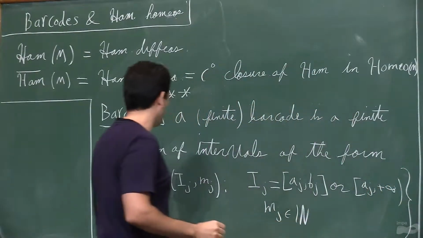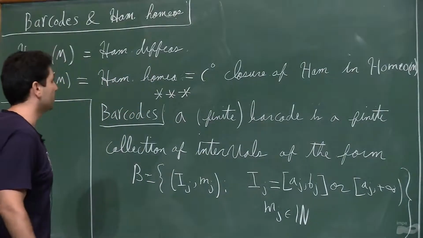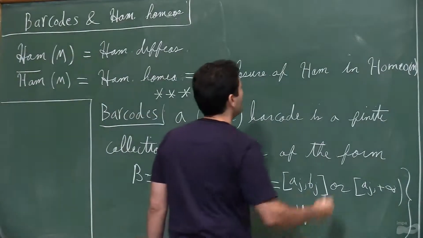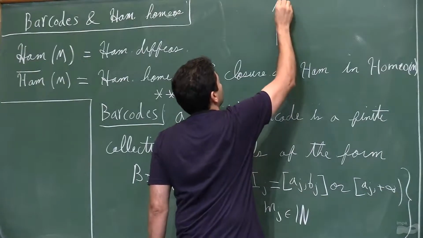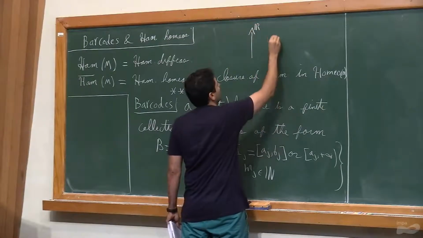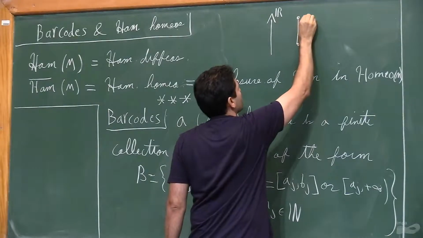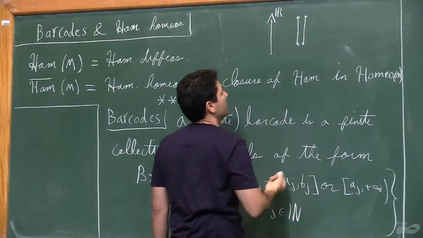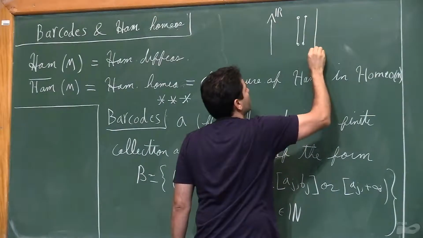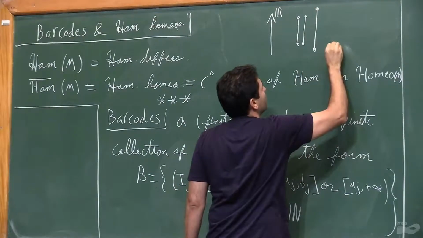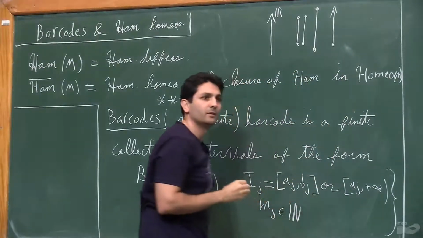That's what a barcode is. If you want to see a picture, I'll think of the real line as this vertical direction, and it looks like a barcode that you see in a grocery store. So here's the same bar appearing twice, another finite bar, except these half-infinite bars don't appear in a grocery store.